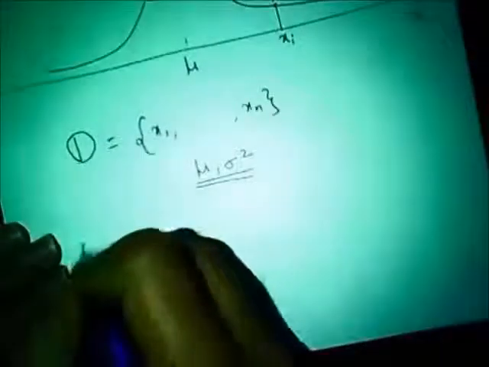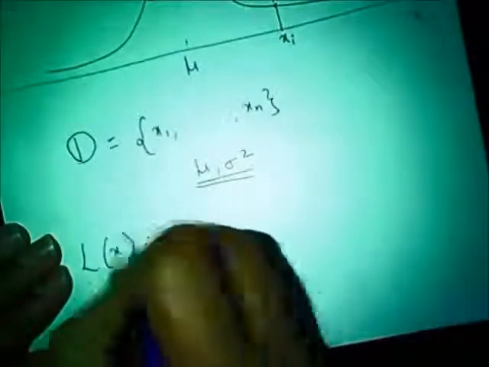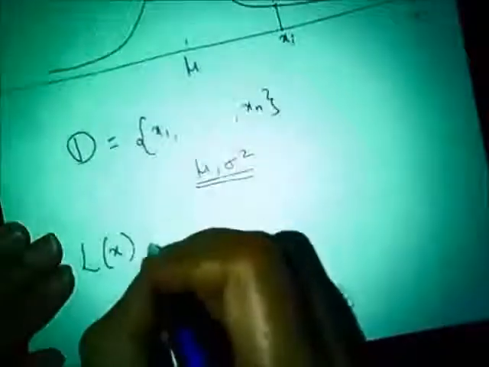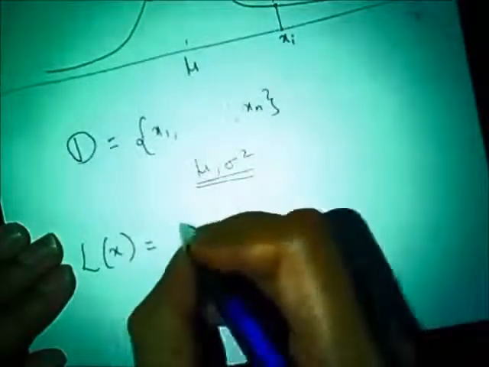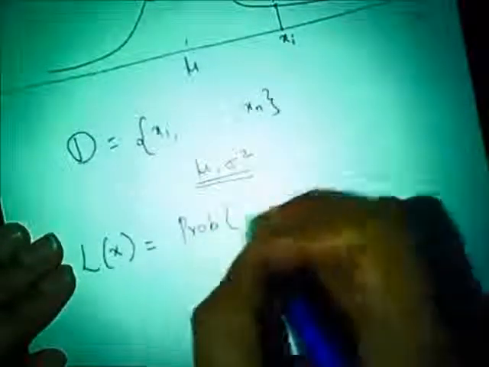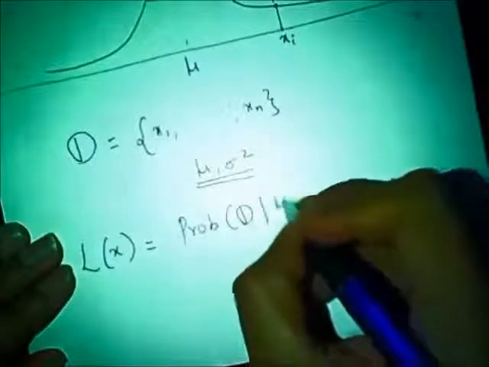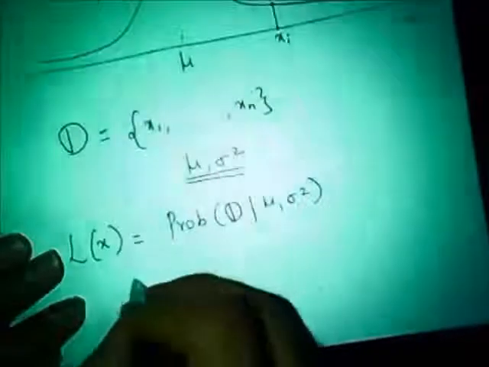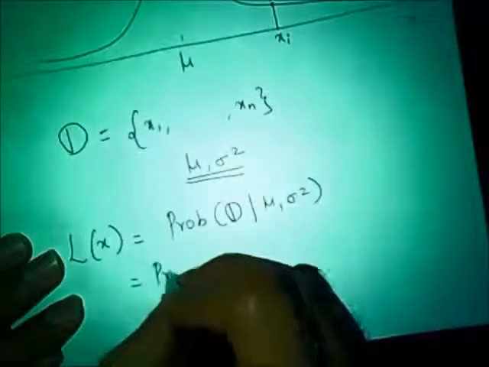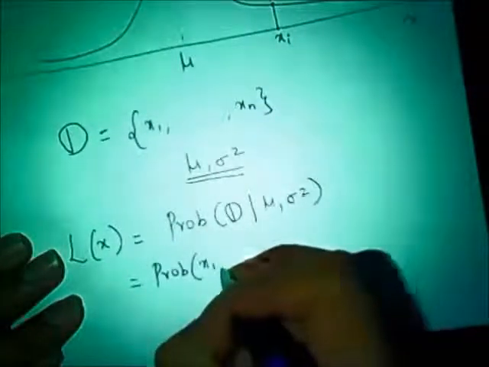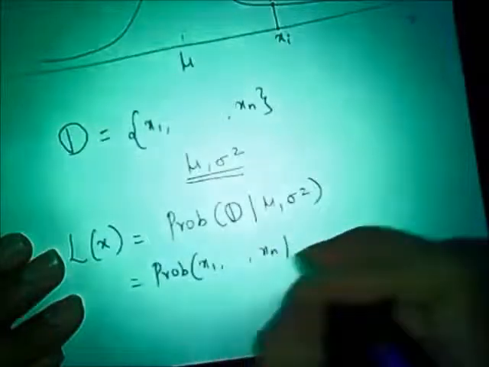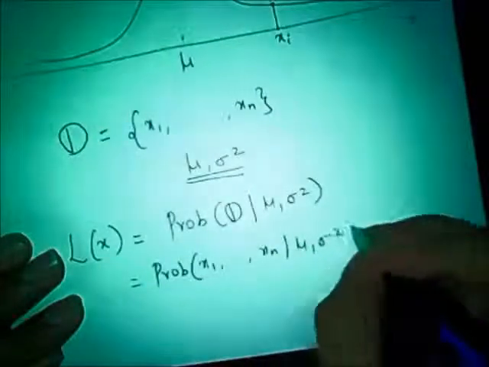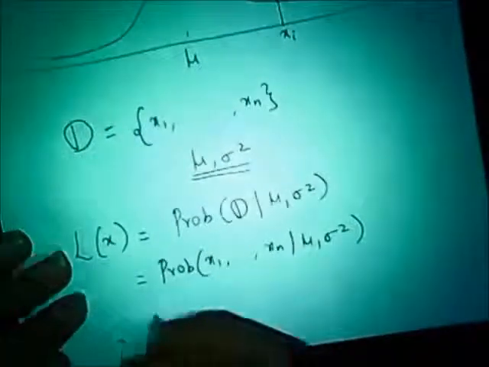So the first step in maximum likelihood estimation would be to write the likelihood function. The likelihood function here is going to be the probability of getting D given mu and sigma squared. And this is the probability that we have obtained x1 until xn given mu and sigma squared.